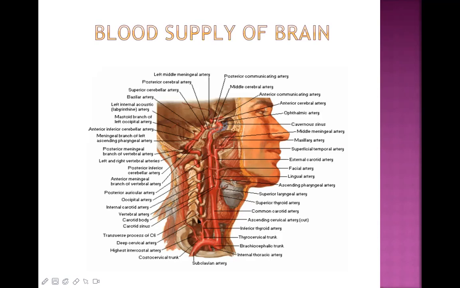See here, it is going up through the transverse process of the cervical vertebra. This is a very important landmark. There is an opening in the transverse process of the cervical vertebra, and through that opening, the vertebral artery is going up towards the cranial cavity.